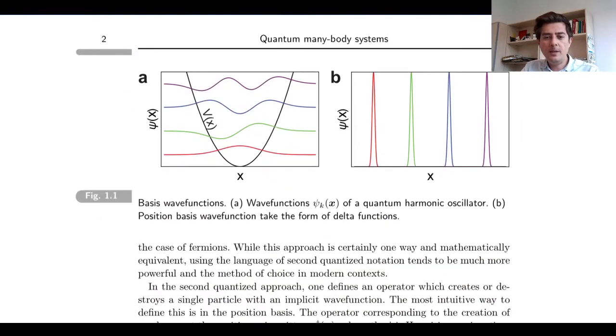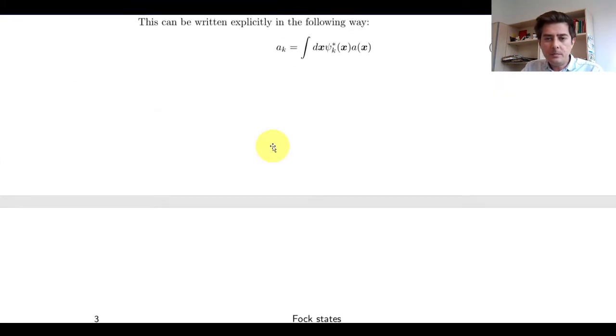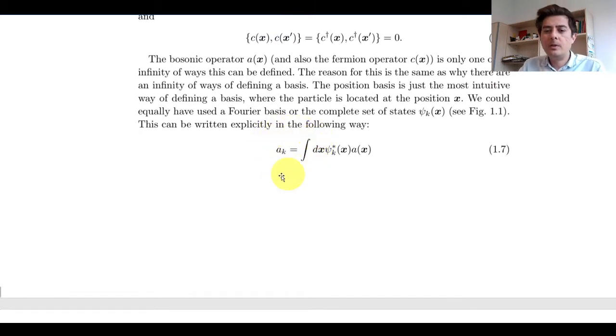So, for example, here I've got something that looks a bit like a harmonic oscillator. As you'd be familiar with, the eigenstates of such an operator in at least one dimension look like this. The lowest energy state is a Gaussian, and then you have these higher order wave functions where there's an extra node for each state that you go up. We can define these bosonic operators also in terms of this basis.